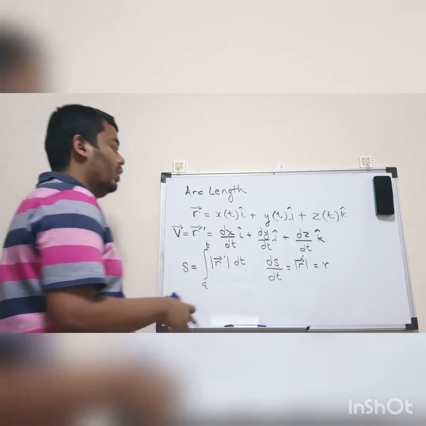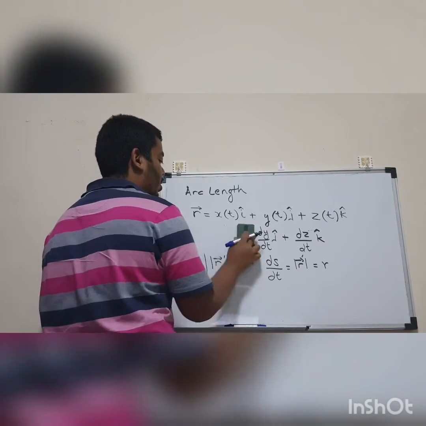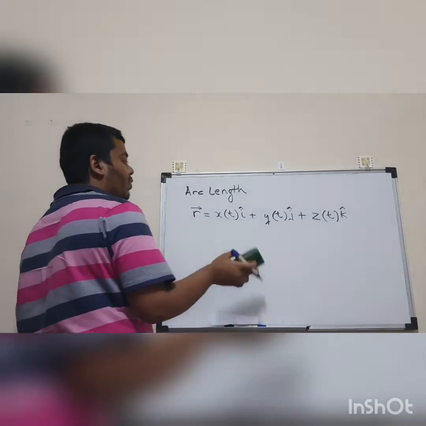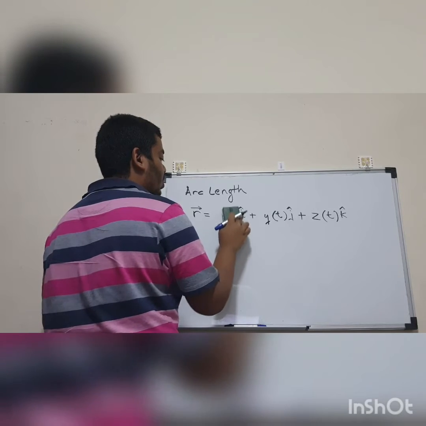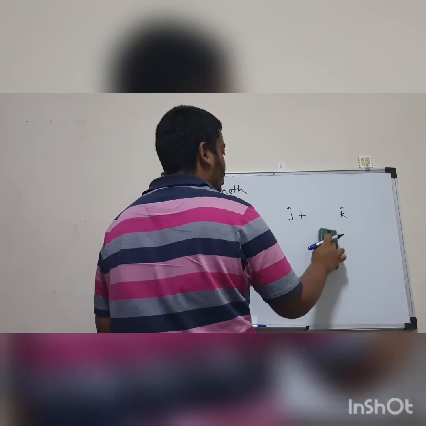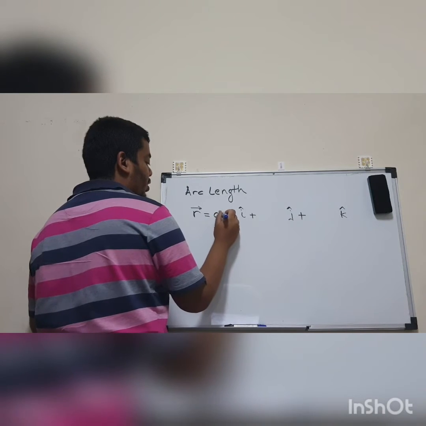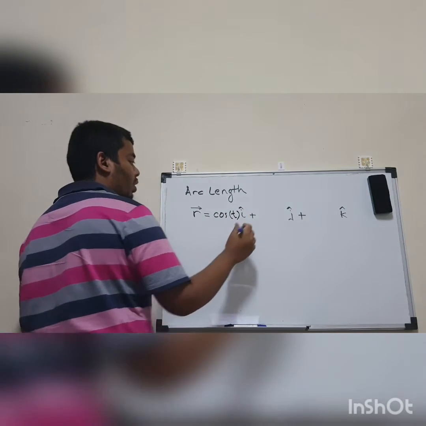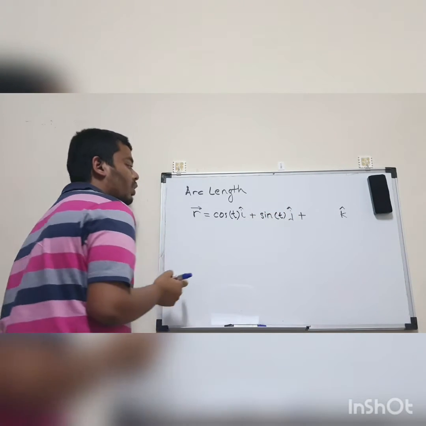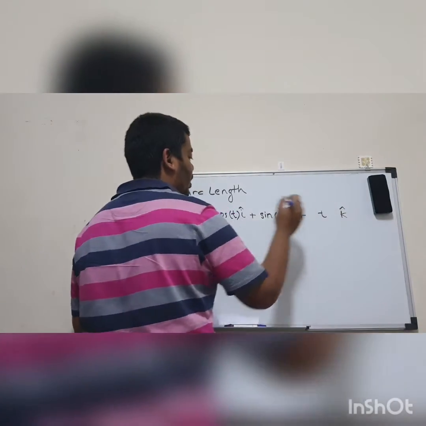Now let's look at the use of the arc length. Let's say I have a circular helix, given by this formula: cos of t as the i component, sine of t as the j component, and just t as the k component.